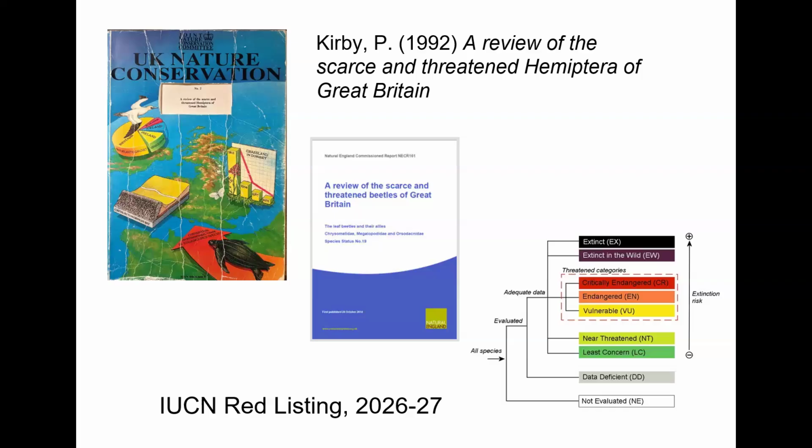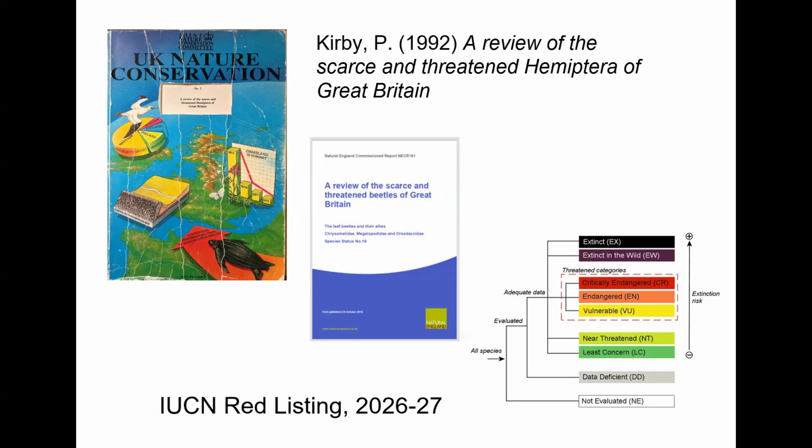I only show this because I've just started embarking on the process of updating Peter Kirby's original review, but this time with respect to the IUCN, International Union for Conservation of Nature, red listing criteria, which many of you will be familiar with, where we categorize individual species according to whether they're least concern, near threatened, or one of the three main threat categories.